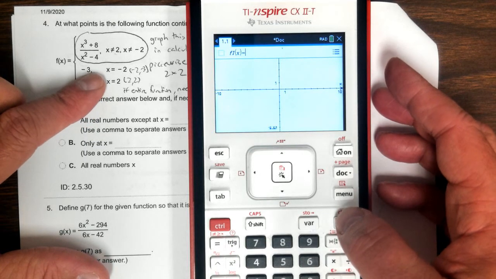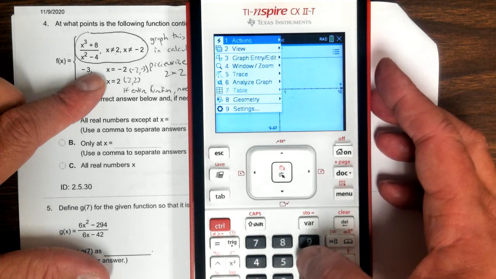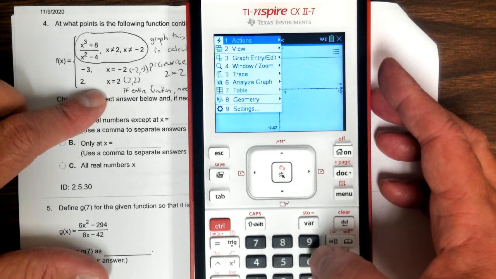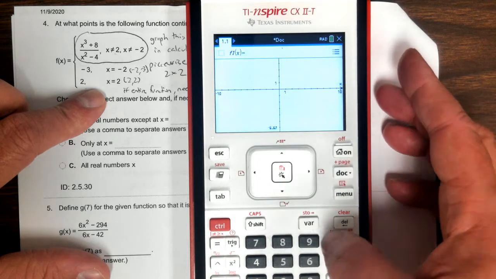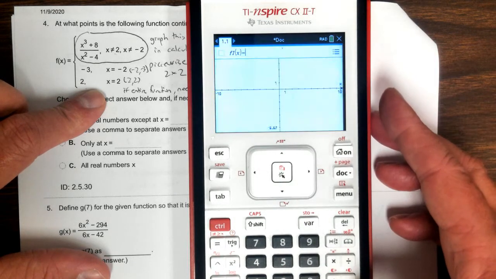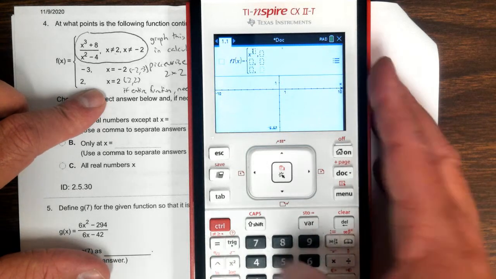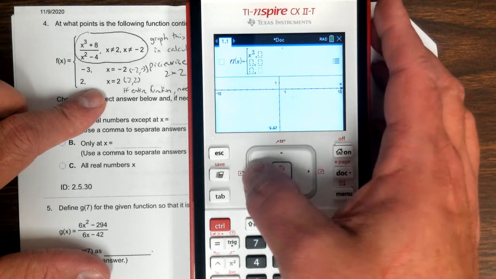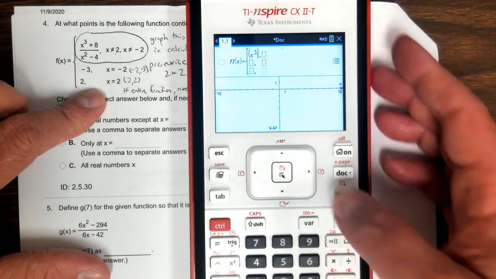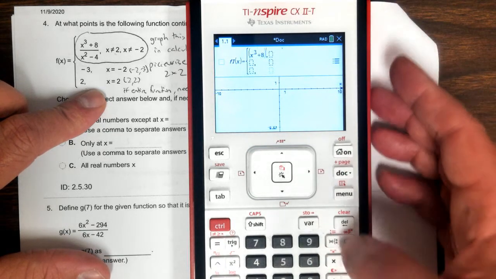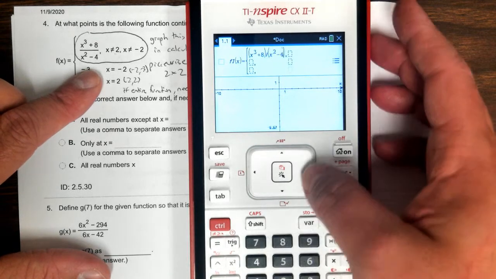And said three by 3 piecewise. X cubed plus 8 over x squared minus 4.